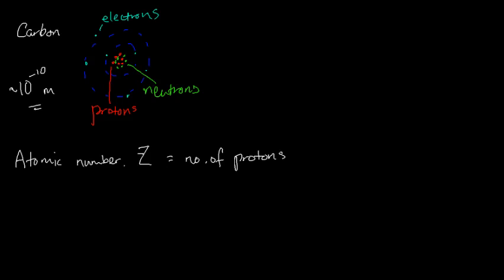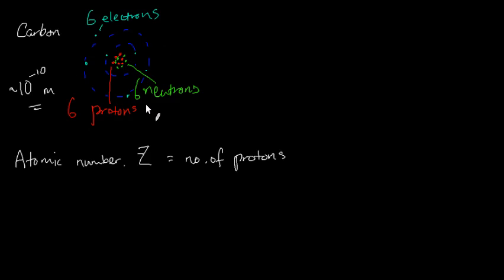Now in the case of carbon, let's say there are actually 6 protons. There are 6 neutrons, and there are 6 electrons.